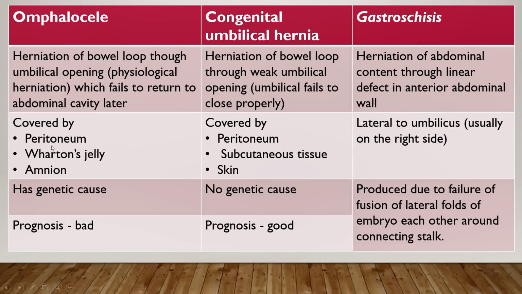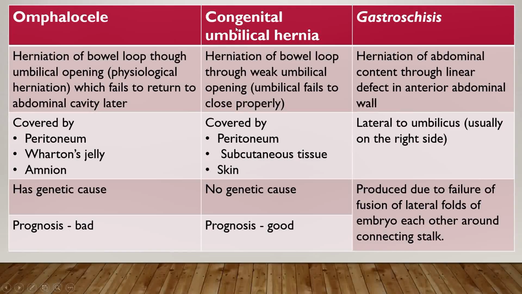It is covered by peritoneum, Wharton jelly and amnion, and it has genetic basis, that is why it is associated with cardiac defect or neural tube defect, and prognosis is bad in omphalocele.